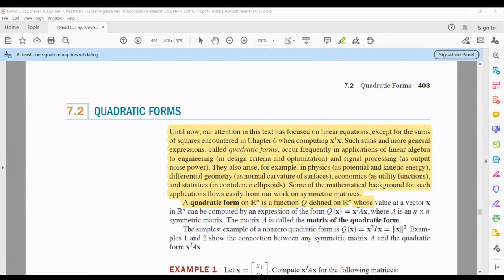D is the diagonal matrix of eigenvalues, and the matrix P is an orthogonal matrix that has orthonormal columns. Very important idea, and we're actually going to make use of that here.